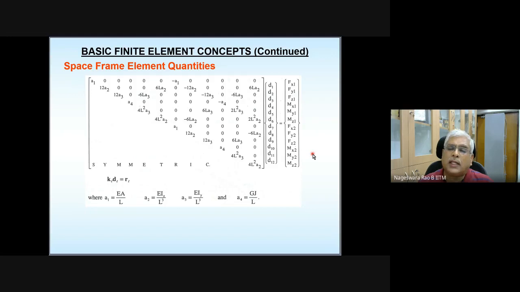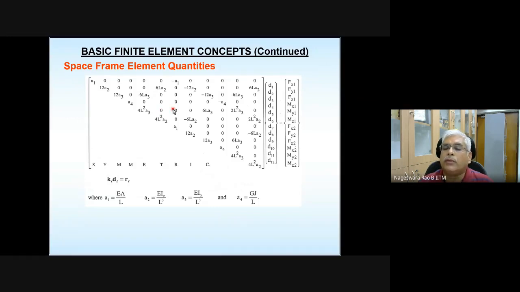So this is about a space frame element. And if this space frame element's orientation is different from the global coordinate system, then we need to apply whatever we learned so far. Similar to that, we need to find the transformation matrix to get this stiffness matrix in the global coordinate system.